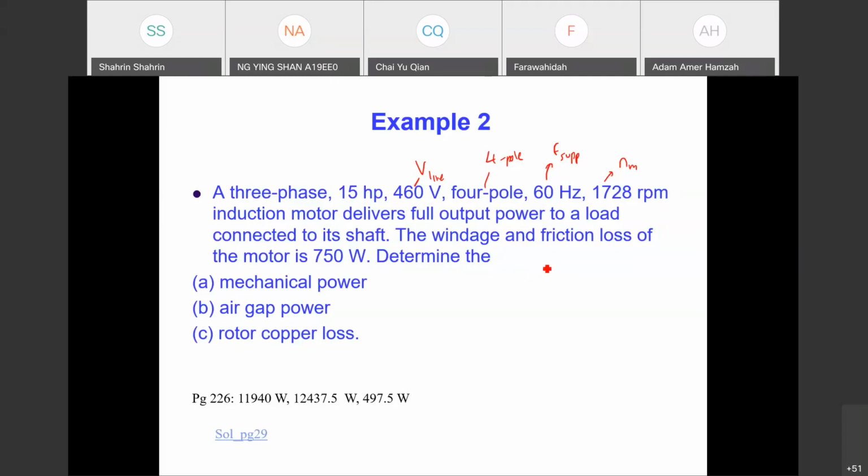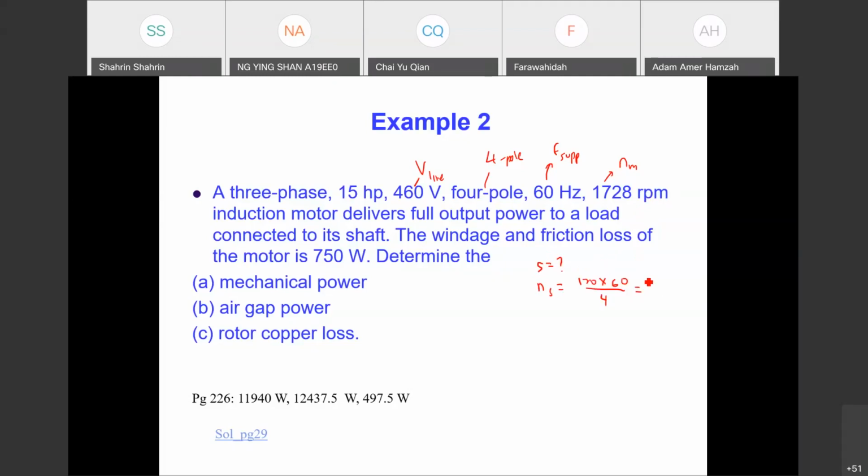To get the slip, you need to get NS first. Always start with the NS. So NS is 120 multiplied with the frequency supply over pole, which is 4.